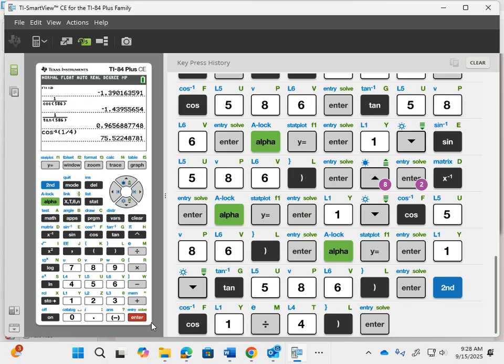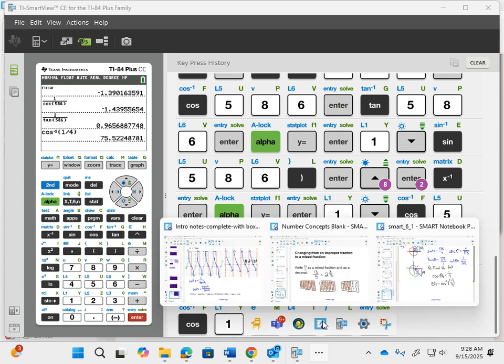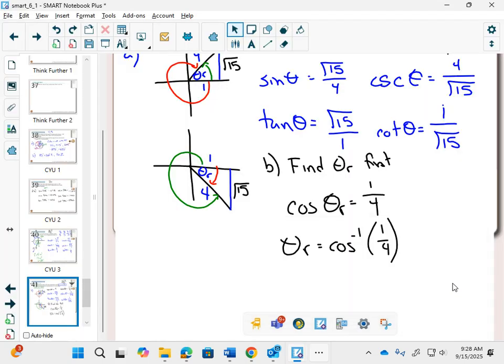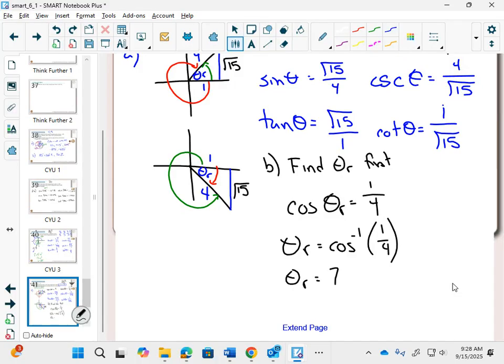And one thing that I do in my work, while I'm doing my work, is I try to avoid rounding early. I remember that usually we have to do 3 decimal places, so I write down 3 decimal places for sure.